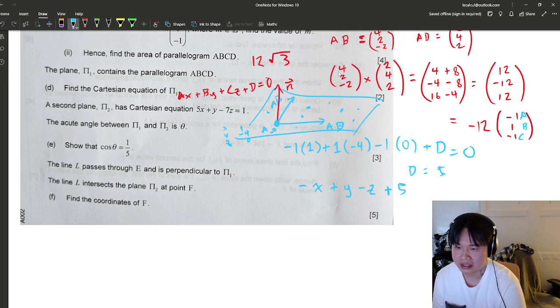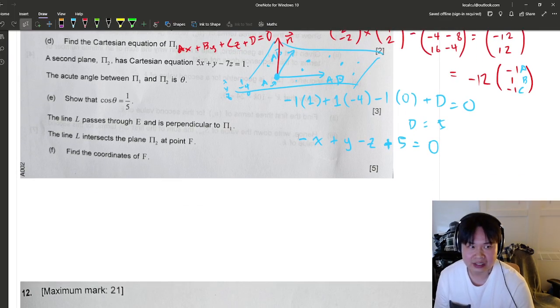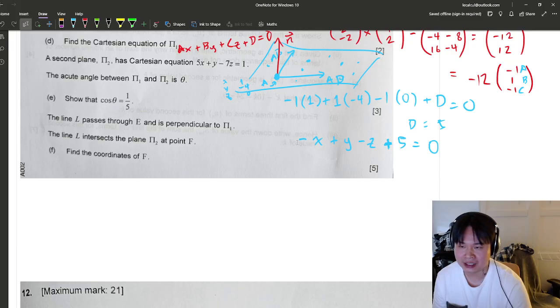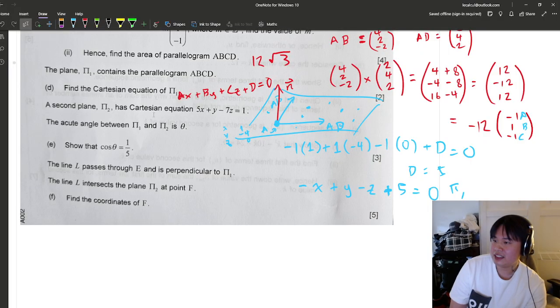So here is our vector, or sorry, Cartesian equation of our plane. I don't know if they really care that your a value is positive or negative. I forget. If it needs to be positive, then just flip all the signs, whatever. So this is our plane number 1, because there's going to be a second one. Then we have a second plane.